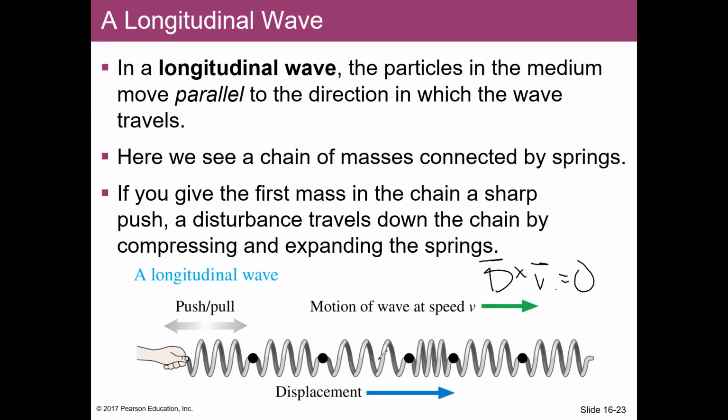Because these two are parallel, d and v. Compare that to a transverse wave. If this wave is moving, the transverse wave, you've got d up, v to the right. So for a transverse wave, d dot v is 0.